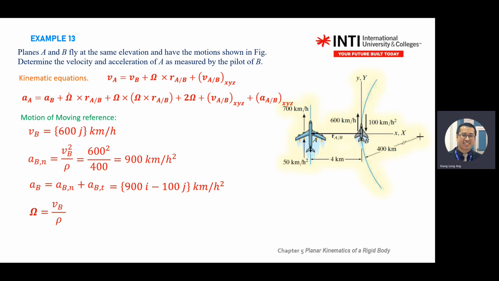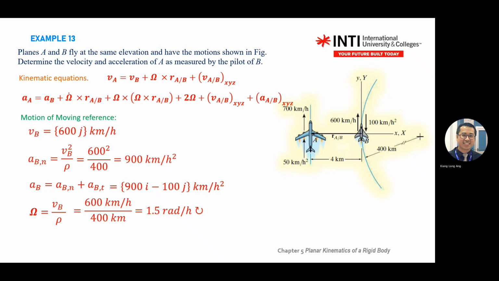Later you substitute back here, and you get omega. In this example, we put it in hours because we don't want to put in meters per second. We just follow the unit.